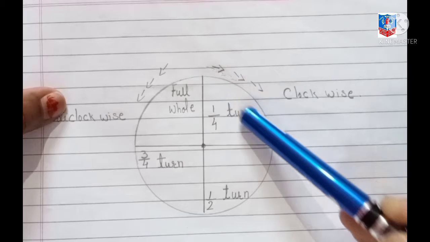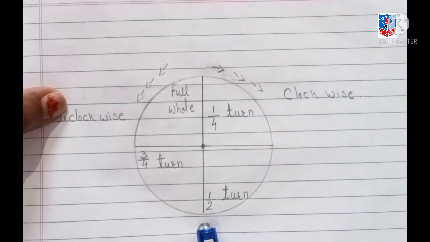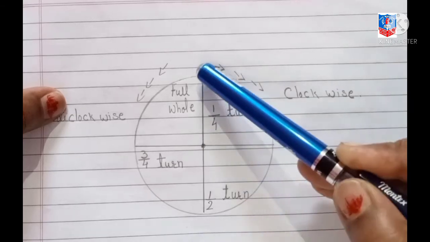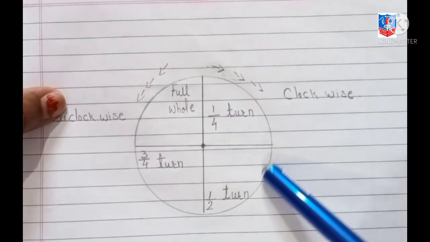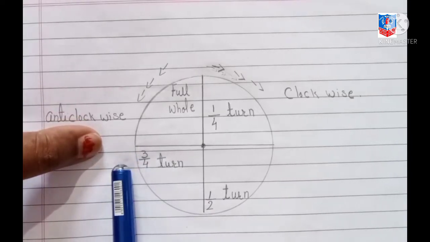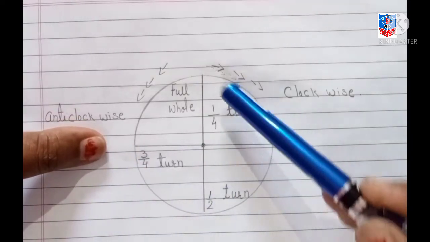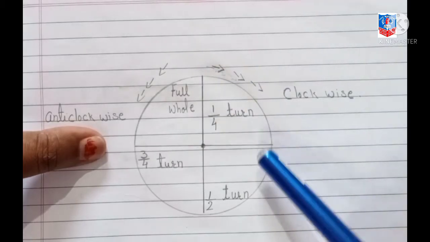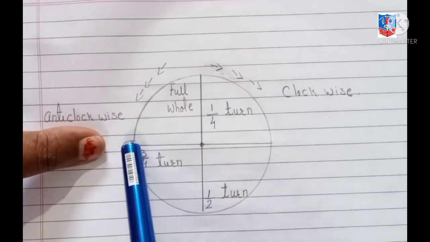Now from here to here, this is a half turn, 180 degrees. Now from here to here, this is a 3/4 turn. That means a 1/4 turn, a half turn, then a 3/4 turn.